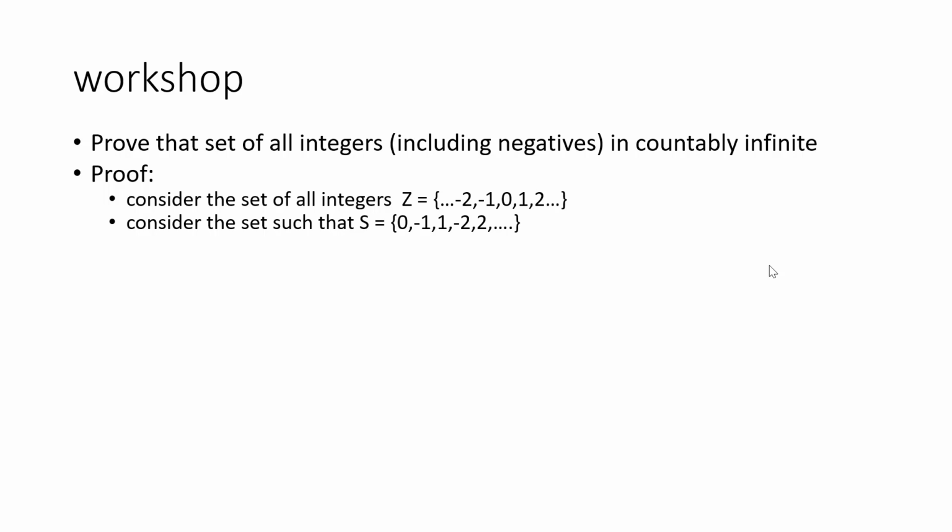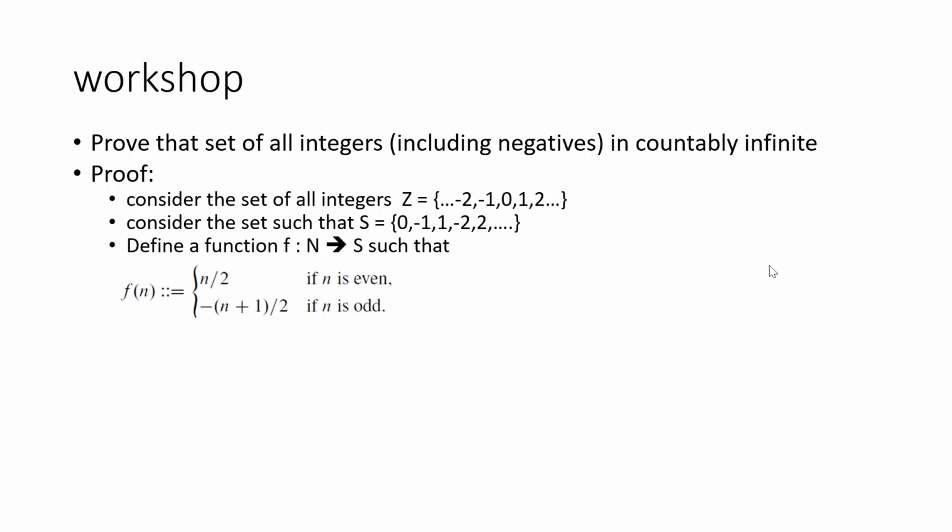We write 0 and then minus 1, 1 and minus 2, 2 and so on. We can imagine that the set Z and set S are pretty much the same set, just a reordering of the elements. Let's define a function f from N to S such that f of n equals n over 2 if n is even, and f of n equals (minus n plus 1) over 2 if n is odd.